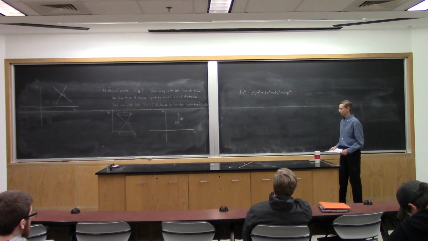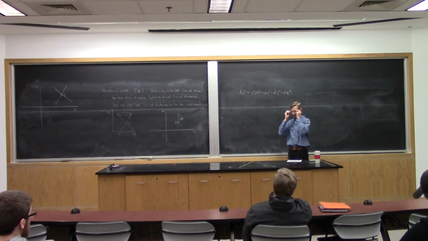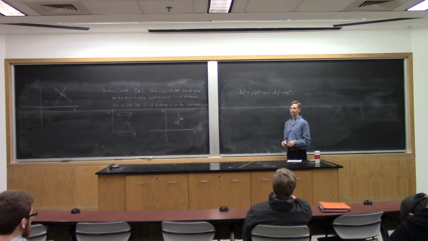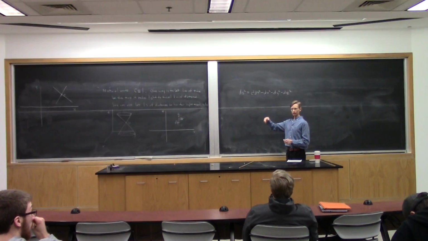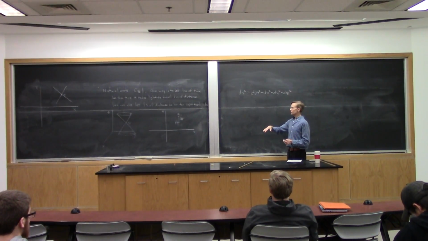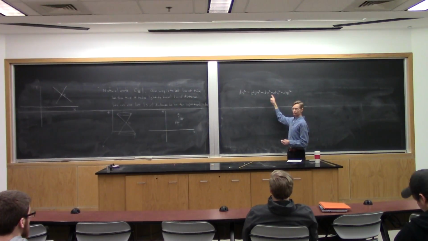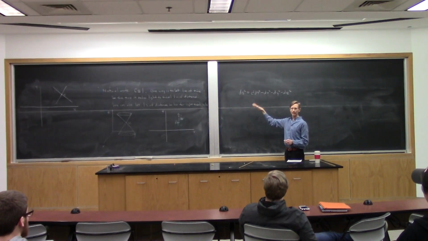And so, in fact, all of special relativity can be essentially derived from the following postulate, that all observers agree on the value of ds squared. If you have observers in relative motion so that the events have different coordinates, different t values, different x values, different y values in the 2 frames, any observers who construct this quantity using their coordinate system will come up with the same number for ds squared.